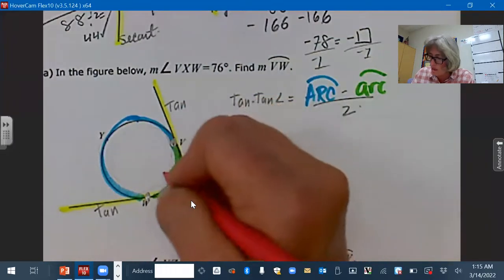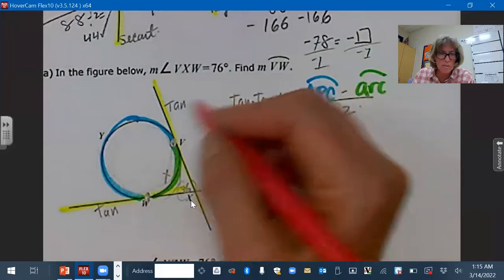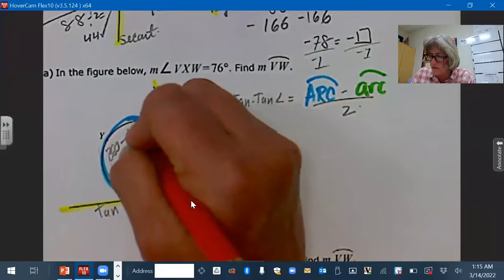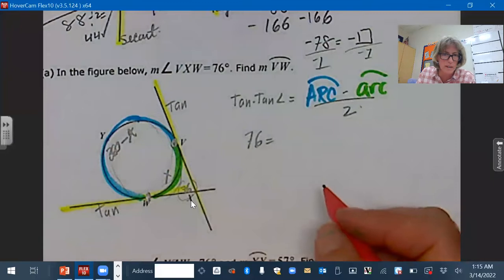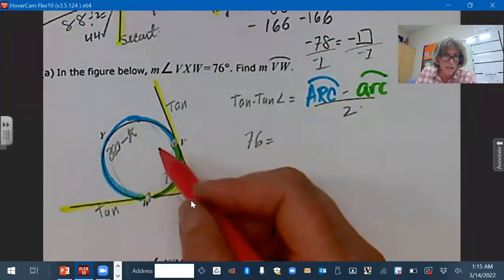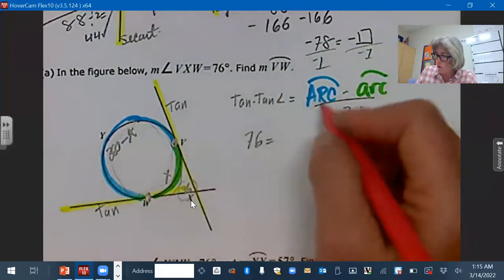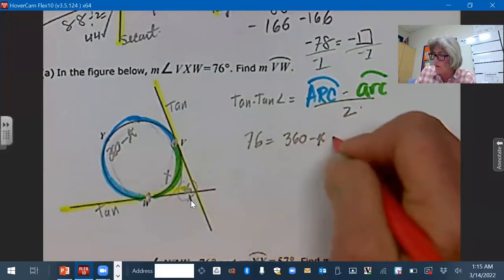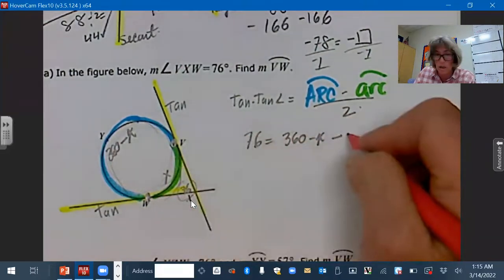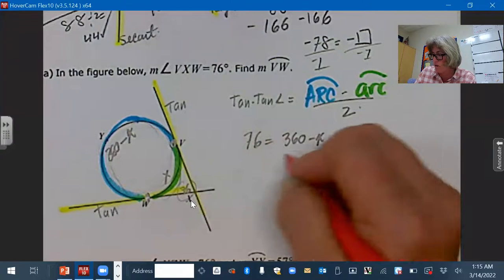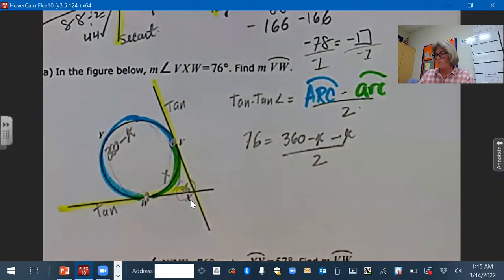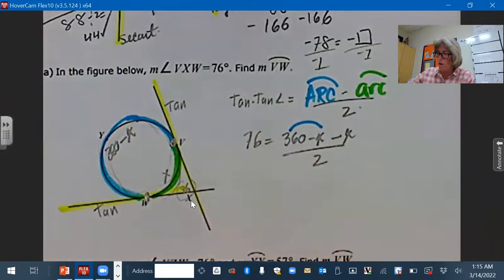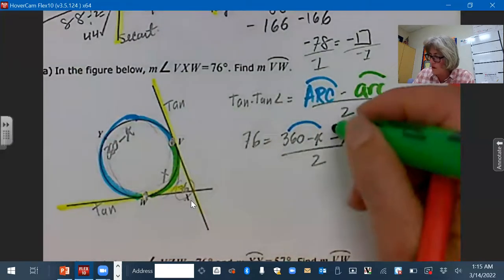So if this green is X, the blue is simply going to be 360 minus X. That's an important concept. This is only happening with the tan. So our big arc is going to be 360 minus X minus our green arc, which is just X, over 2. Let me color code this for you. This was the blue arc. This is the green arc.